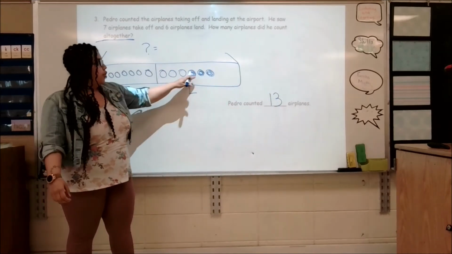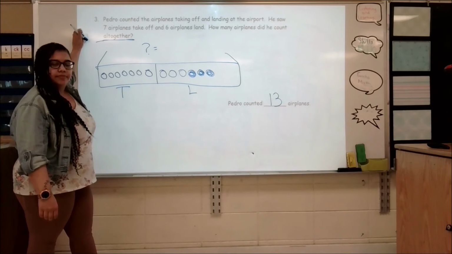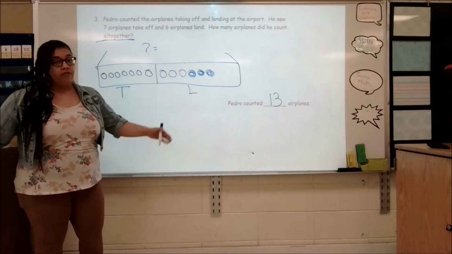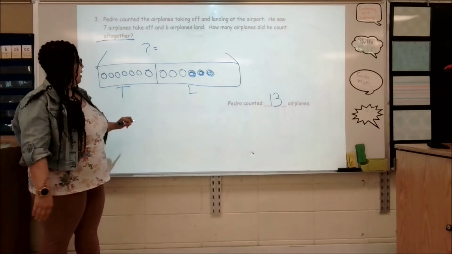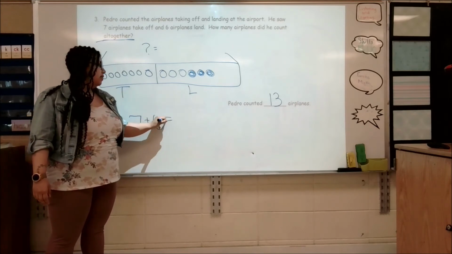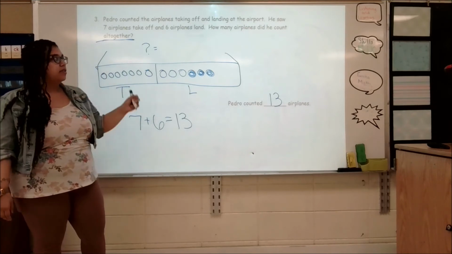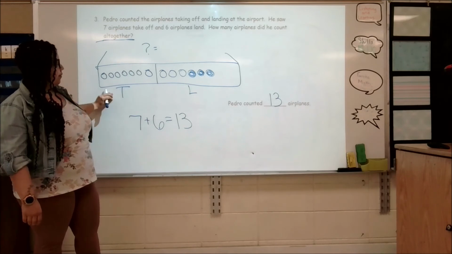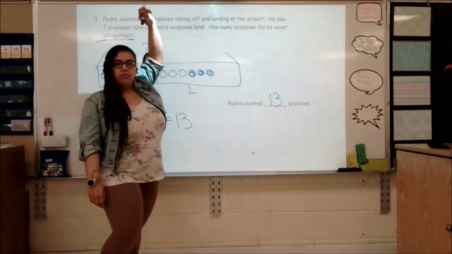Is 10 and 3 the number sentence that matches this question? No, it is not. Takeoff plus landing equals airplanes. So takeoff plus landing is the number of airplanes he saw. So Pedro counted 13 airplanes. Tape diagram with labels, number sentence, words. Check! We got it. We're done.